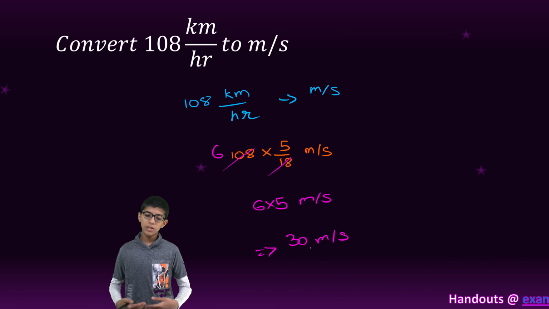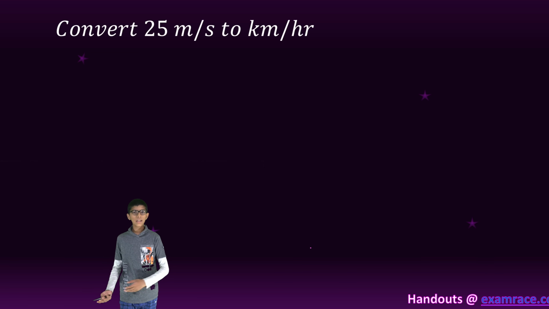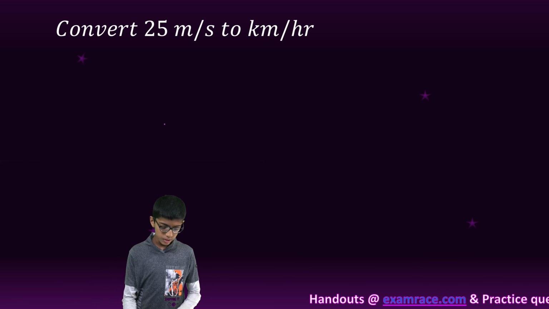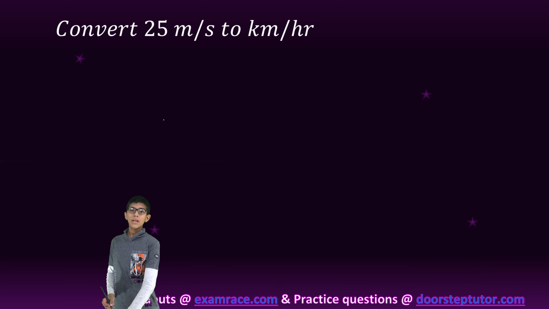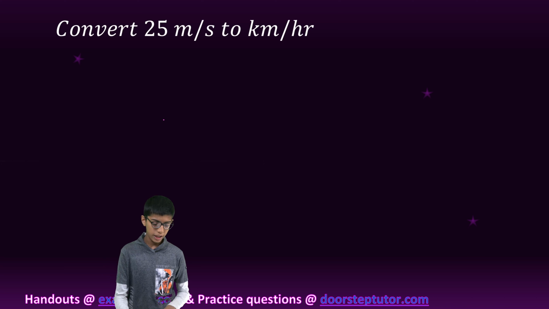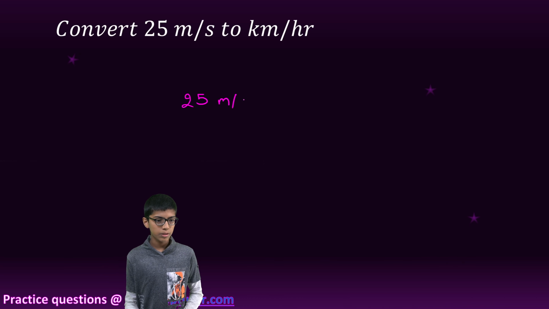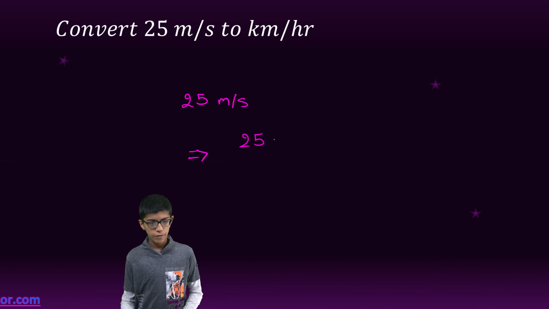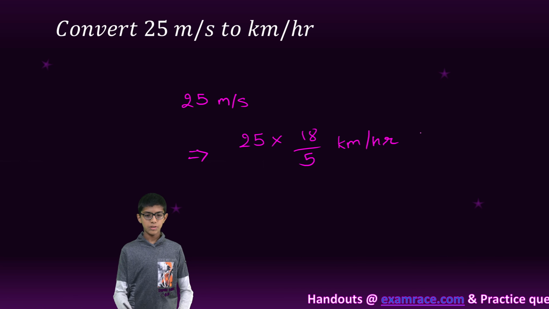Now we will do the reverse operation. Now we will convert meter per second into kilometer per hour. So to convert meter per second into kilometer per hour, we multiply by 18 upon 5. Therefore 25 meter per second equals 25 into 18 upon 5 kilometers per hour.